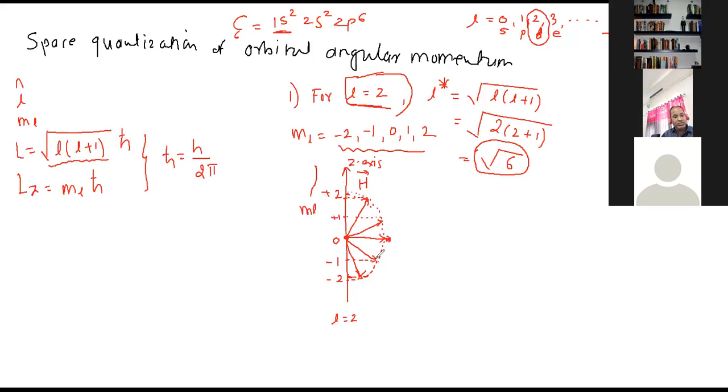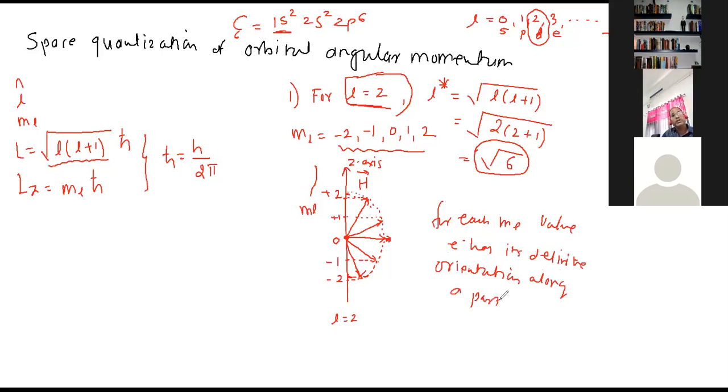So this is the space quantization, that is, for each ml value, the electron has its definite orientation along a particular direction with h bar.